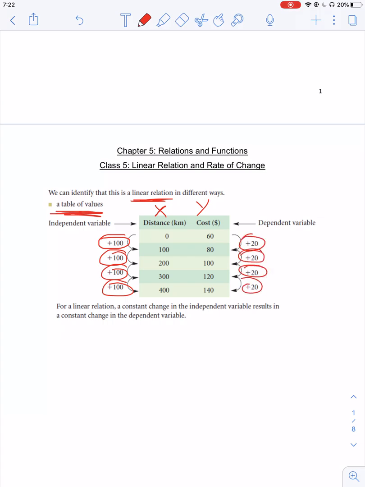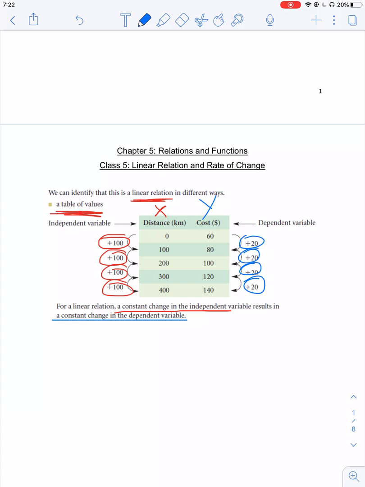So I guess they summarize this down here. A constant change in independent value. Let me change the colors so that you know the difference between dependent and independent value. The independent value is your x, and it results in a constant change in your dependent value.